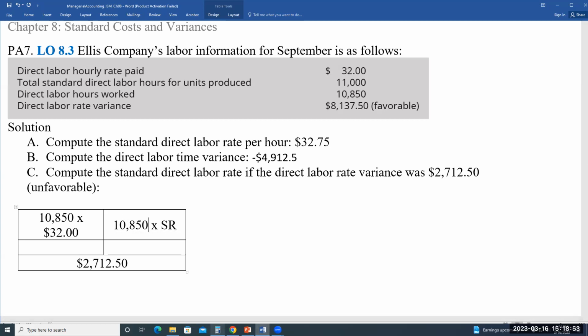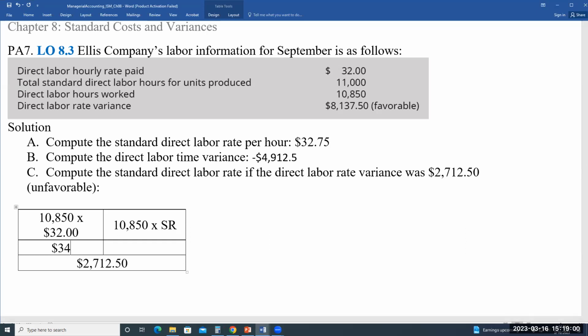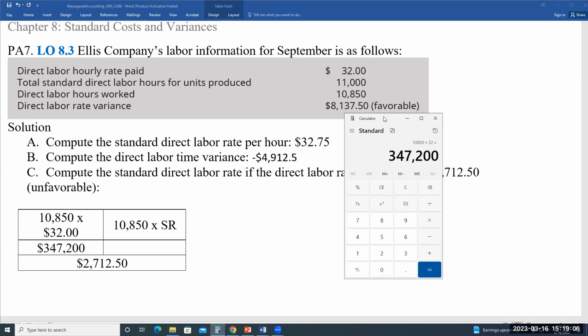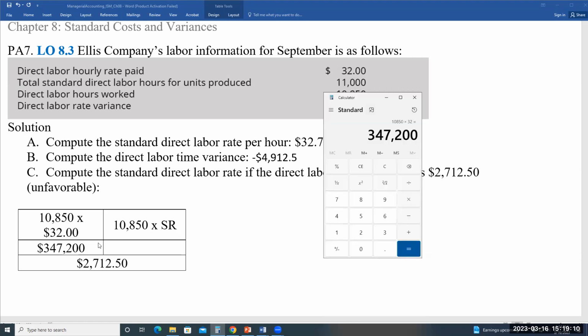All right, so let's solve this one here. Since this is unfavorable, right? Unfavorable. That means we have to subtract it.